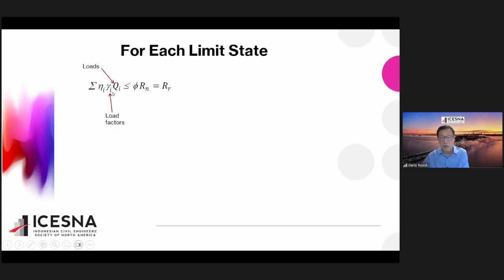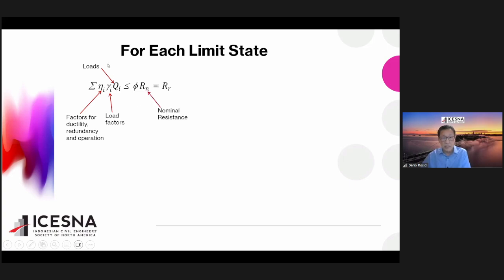This is the factor that you apply for different types of load, like live load maybe 1.2, dead load maybe 1.1, so a different load factor for different loads. And eta is another factor that considers ductility, redundancy, operational importance, different things. The multiplication of all of these for all the loads is basically the combined or total load that your pile needs to resist, to carry.